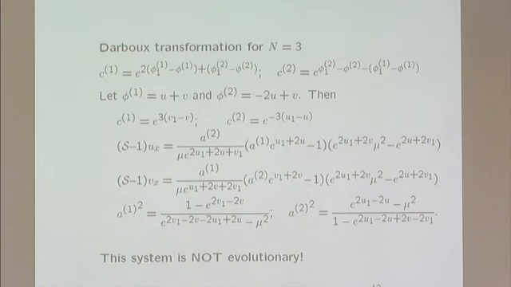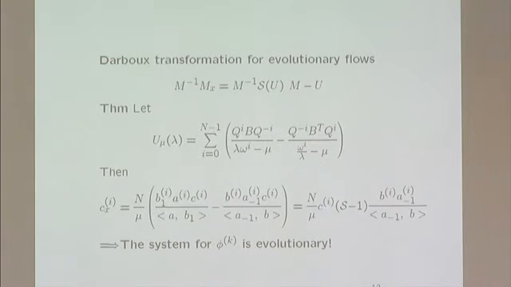I worked out n equals 3 explicitly, and to fit my formula on this slide, I did a simple transformation for the phi and introduced new variables u and v, and wrote it nicely here, to explicitly show you that it is not evolutionary.